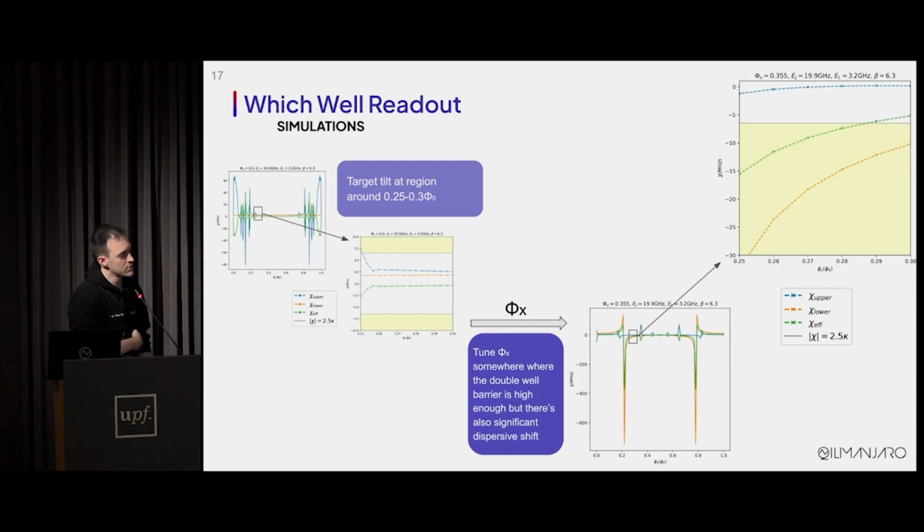Of course, we have to be careful because when we tune the barrier closer to half phi naught, we also get more interactions between the two wells in the double well. So at some point we cannot do this because we don't have this isolation anymore between the wells.